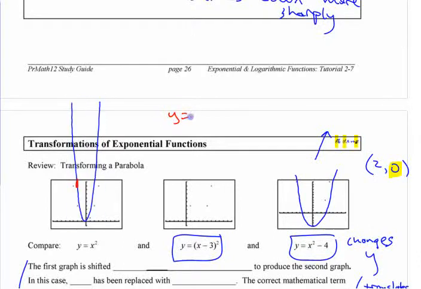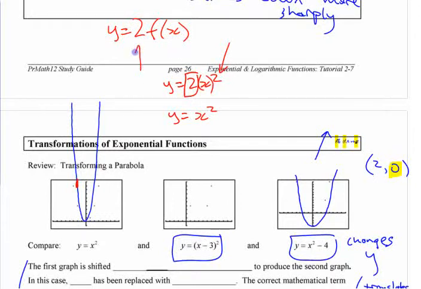If the original one was y equals x squared, what's that new function? Y equals 2x squared. The value in front of the function, outside of the function, after you've applied the function, as in if you were using function notation, f of x, it's out here, not inside here. It's after you've applied the function. You've squared it, then you multiply by 2, it changes the y values.